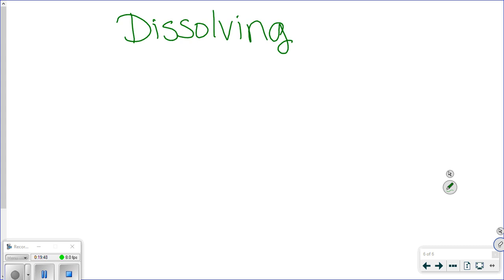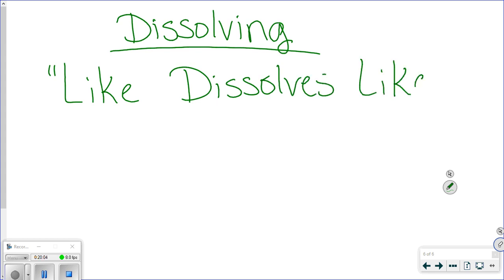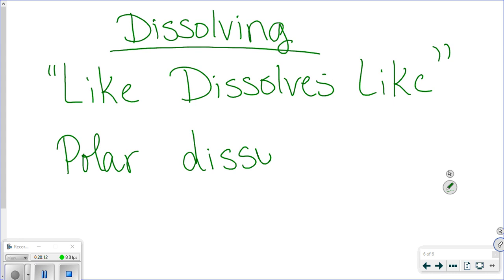Okay? Now, why does something dissolve in something else, or why doesn't it? And it used this phrase, like dissolves like. Okay? And what that means is polar dissolves polar.